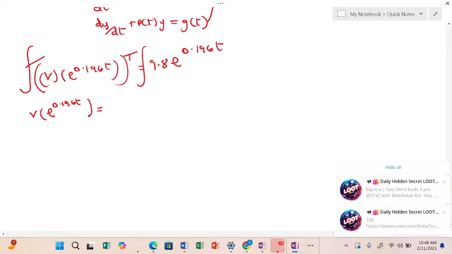And since 9.8 is a constant, we bring it out. So 9.8 integral of e to the power 0.196 t.